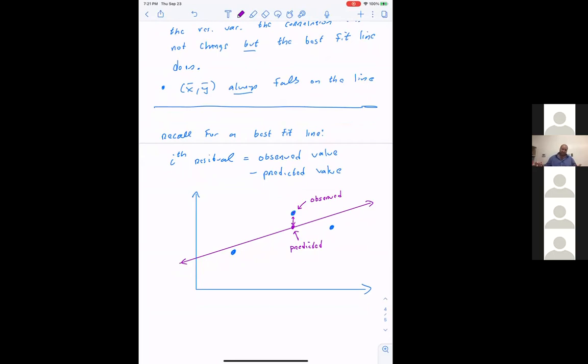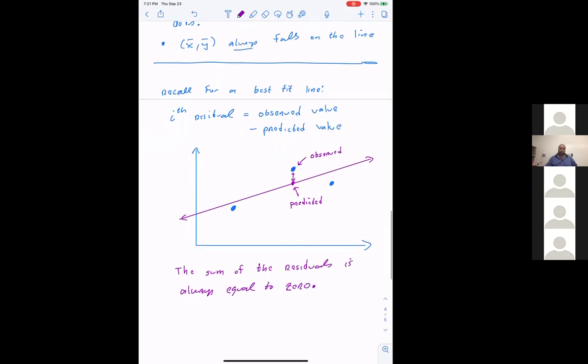It's positive. And if the point is below the line, what can you tell me about its residual? It's negative. Now, if you add up all the residuals, you will always get 0. The sum of the residuals is always equal to 0. The reason why we square the residuals before adding them is because if we didn't, we'd get 0 for every line.